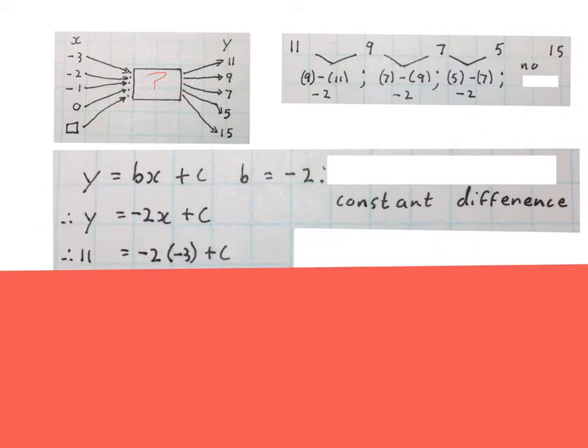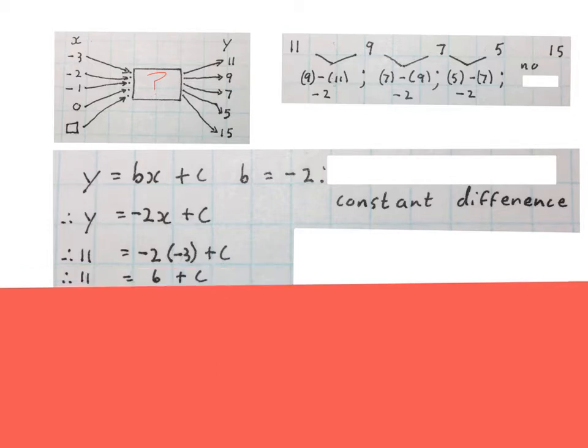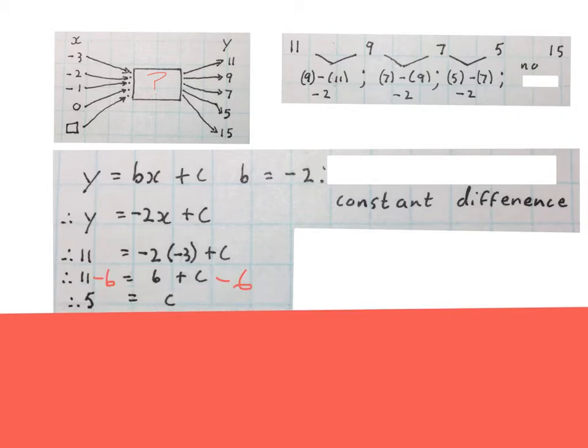I took the first pair again, the input value of minus 3 I put in the place of x. The output value of 11 I put in the place of y. So I put 11 here and the minus 3 there. Then we just solve for c. So minus 2 times minus 3 is 6. We minus 6 on both sides to get the c alone, and we get c equals 5.